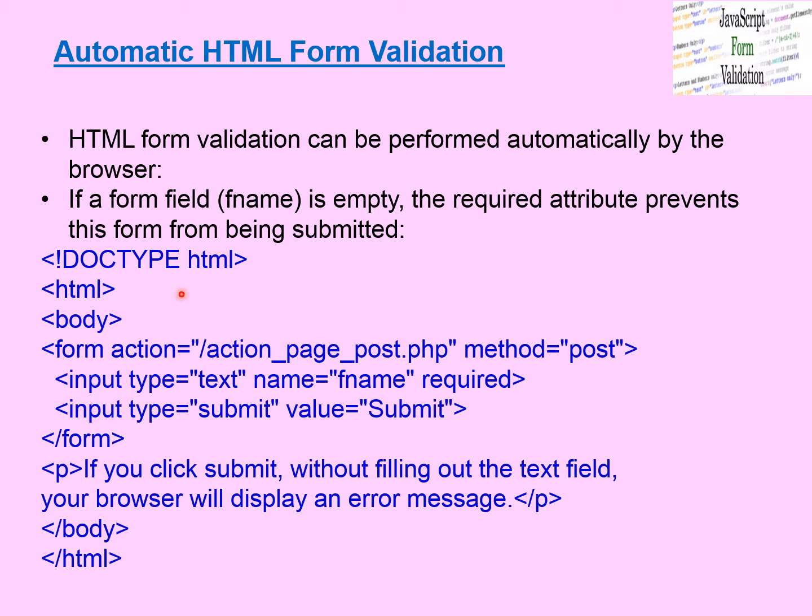So if the required attribute is inside the HTML coding, the browser validates the form itself. Here input type is equal to text, name is equal to fname, required. Input type is equal to submit, value is equal to submit, the form is closed. Then a paragraph: if you click submit without filling out the text field, your browser will display an error message. A paragraph with this particular text is there, the body is closed and the HTML is closed.